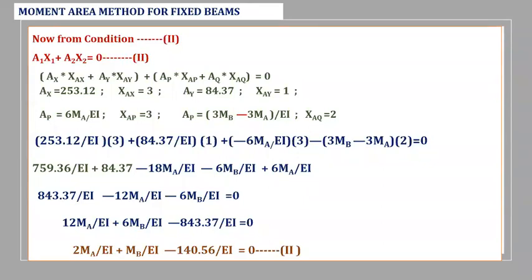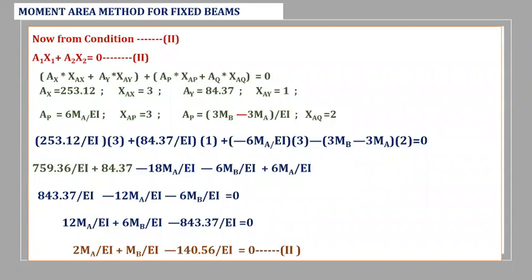So this is equation 2. While writing the second equation, you will properly indicate the negative sign convention. So AP is negative, AQ is negative. So this is my second equation.